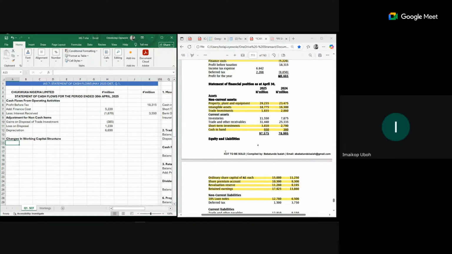Inventory was an increase. So increase is an outflow. Exactly. That's going to be 11,550 minus 7,875.